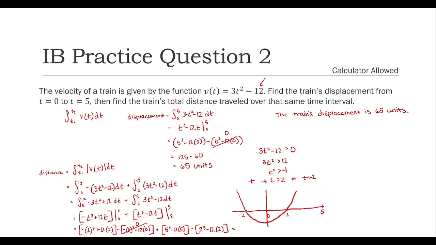So this equals negative 8 plus 24 plus 125 minus 60 minus 8 plus 24. So the total distance the train travels is 97 units. The train's distance traveled is 97 units.